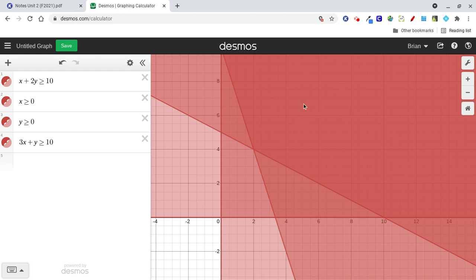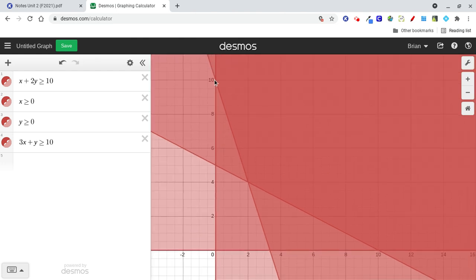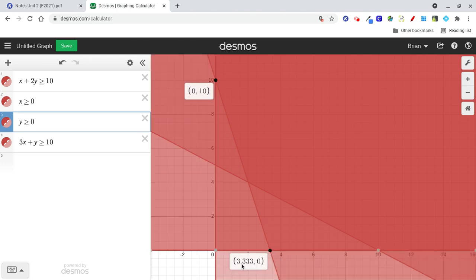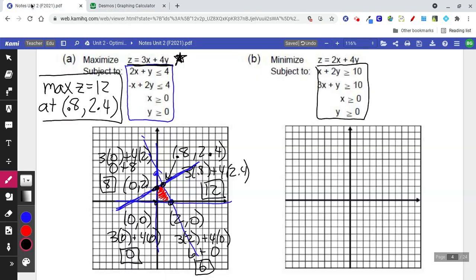All right, so if you're going to graph this, notice one of the lines goes here to here. Now this number is not the corner point of my feasible region, but it's just useful for me to graph it. From 10 on the y to 3 1/3 on the x.